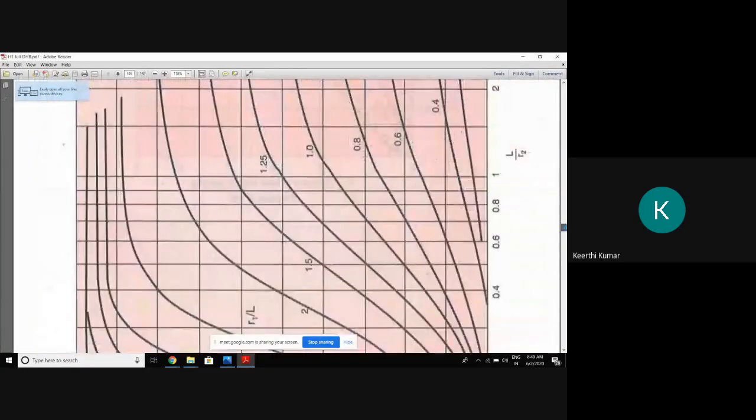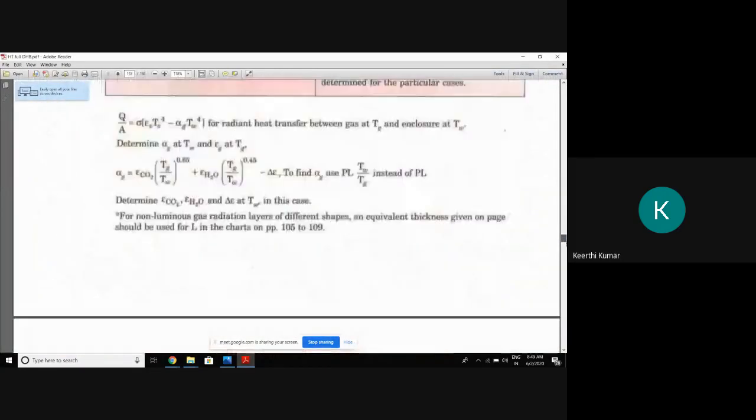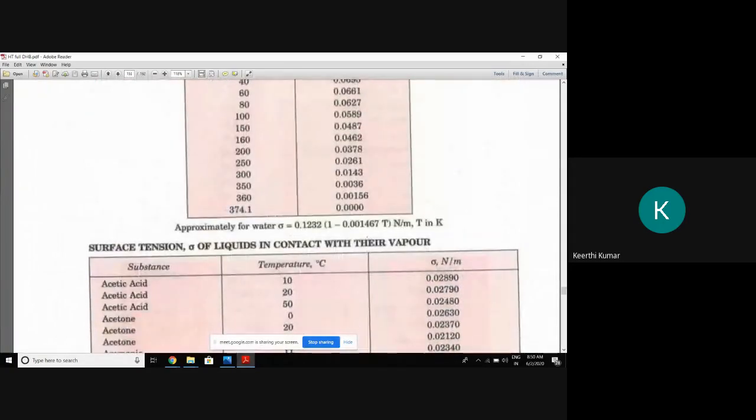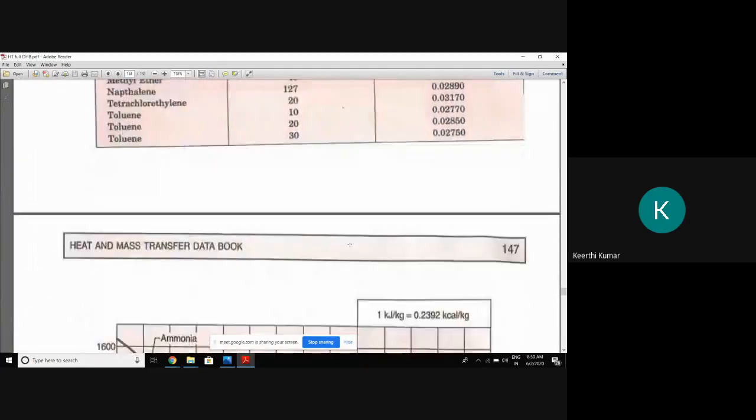Go for the condensation chapter. Okay, open page number 148.